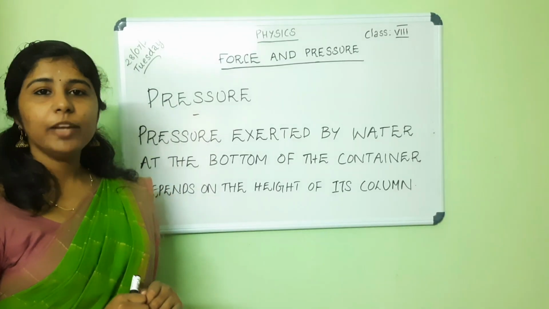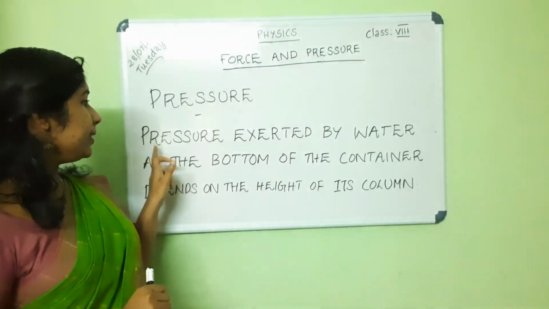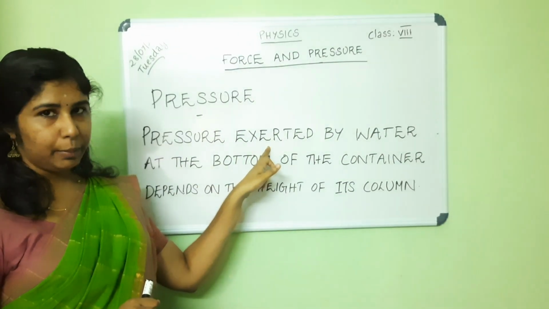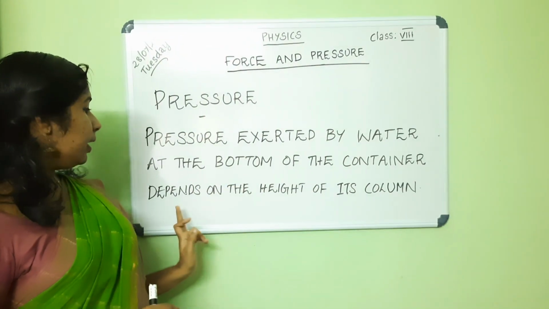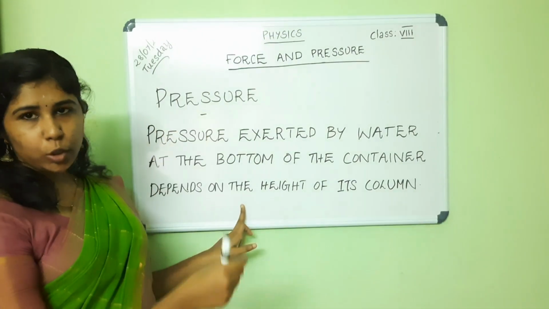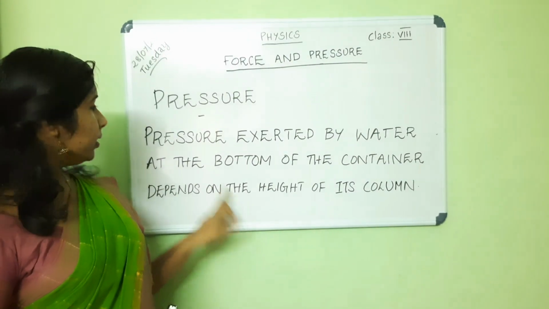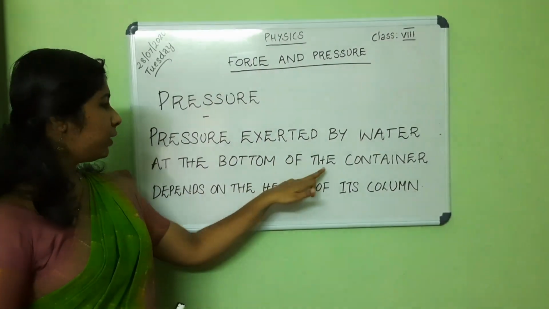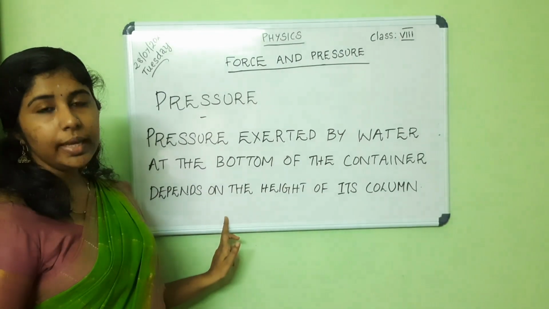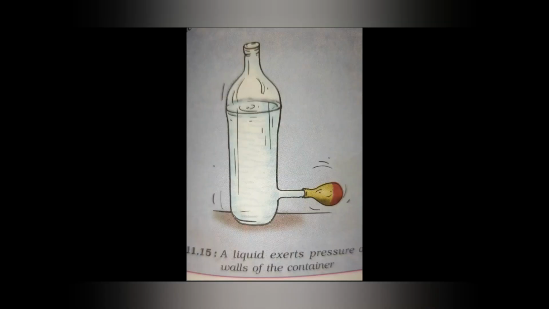What do you understand from this? That means the pressure exerted by water at the bottom of the container depends on the height of its column.